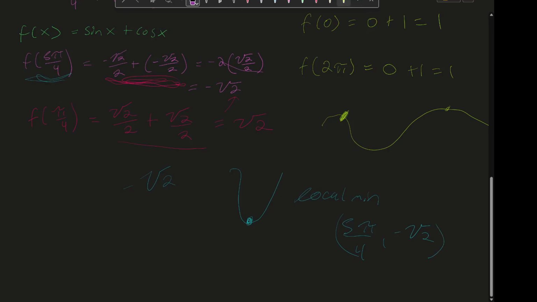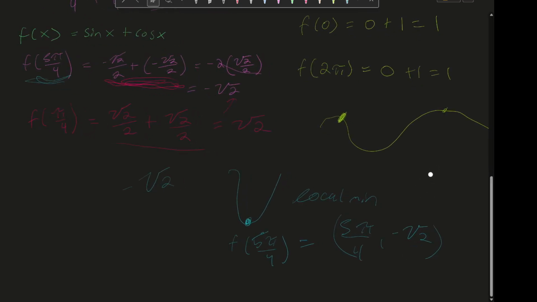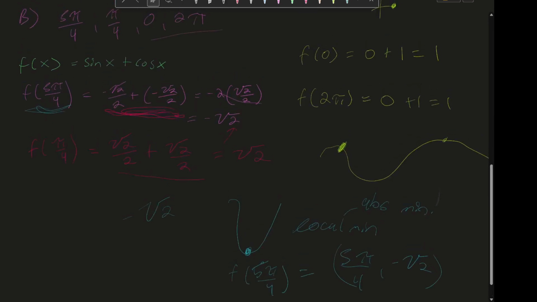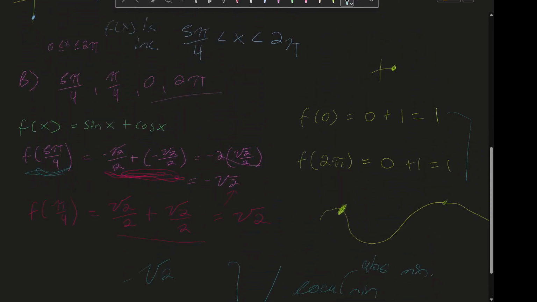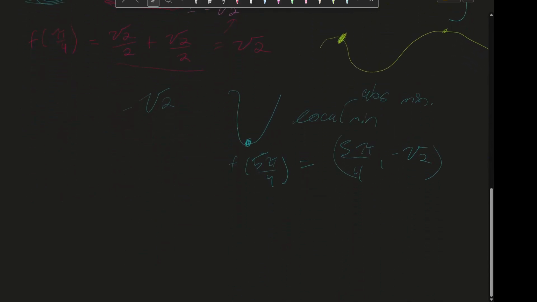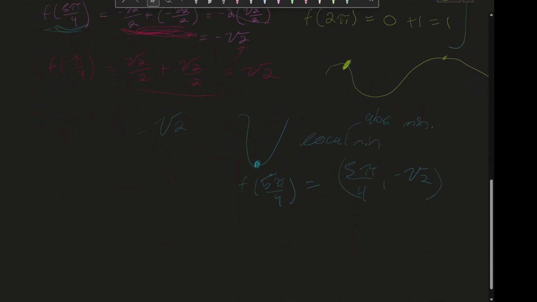In your original f function, f of 5 pi over 4 equals negative root 2. So that'll be your local minimum. If it was asking for absolute maximums and minimums, then it would also be your absolute min. That is smaller than, well, these are both positive ones, so yeah, that'd easily be your local minimum.